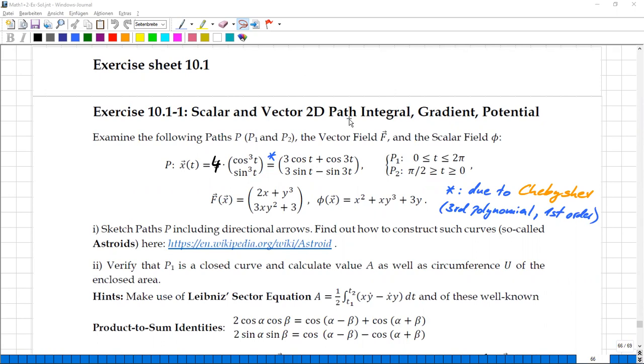As you can see, the first exercise is a little more extended. It puts in quite a lot of different functions. Here you see it's a 2D case, so not only is the curve we are concerned with here a planar curve, but also the same holds for a certain vector field, as you can see here, and, you could say, a corresponding potential function, a scalar function.